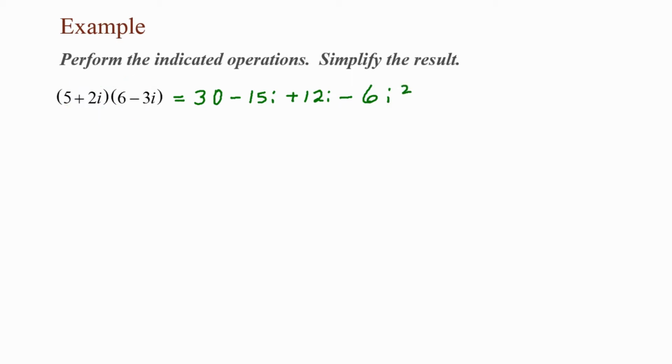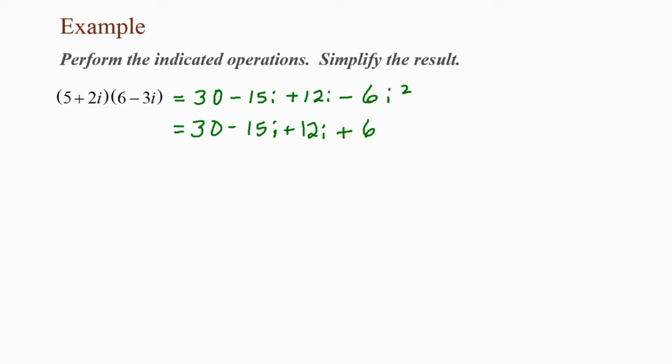Because i squared is equal to negative 1, when I have negative 6i squared, that is the same as negative 6 times negative 1, which is a positive 6. So instead of this first step, you may want to go straight to 30 minus 15i plus 12i plus 6.